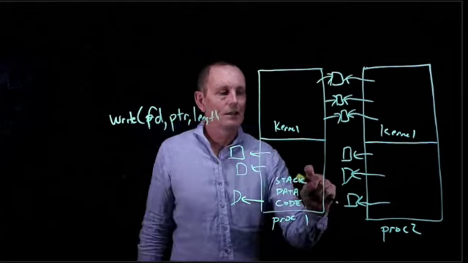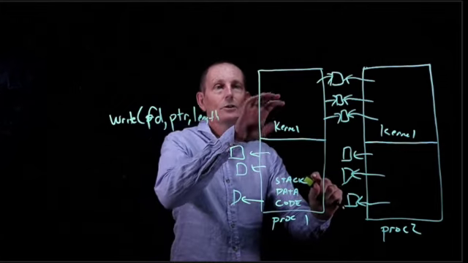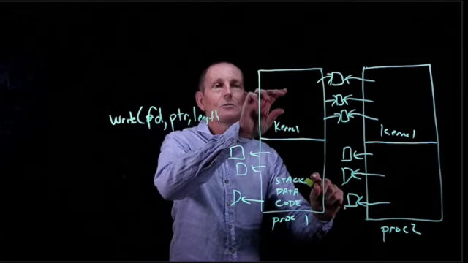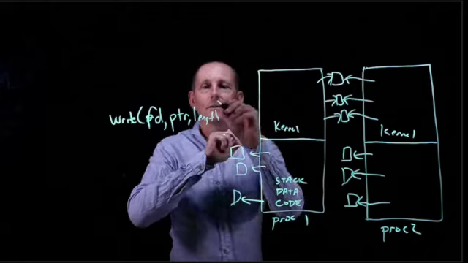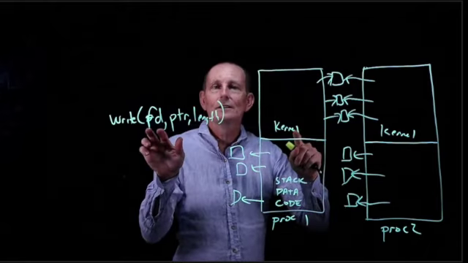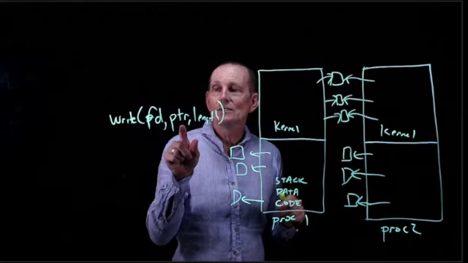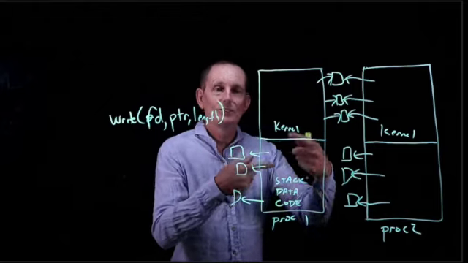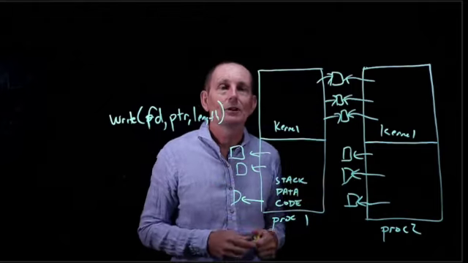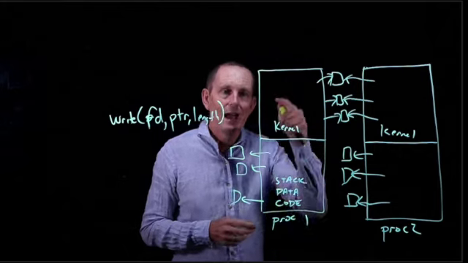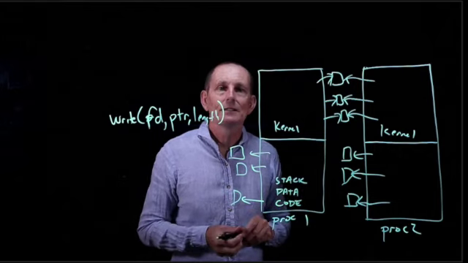They're going to be stored on the user stack. So from our system call that is implementing write, we're going to need to read these parameters from the stack. Plus, for this pointer, that's going to be a pointer somewhere in this user space, and again, we're going to need to be able to read it. So it's handy having this mapping already set up.